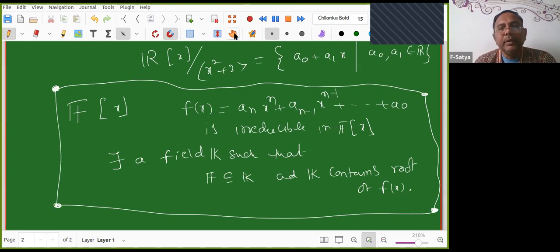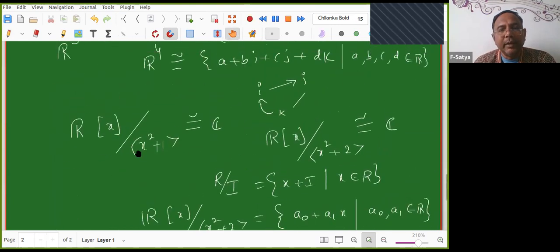So for example, you are able to see x square plus 1. R[x] does not contain a root of x square plus 1, right? But I can go to a bigger field where it contains a root. Now we know this, but in general, we do not know. So we take the quotient, and I know this is a field because of the properties of PIDs.